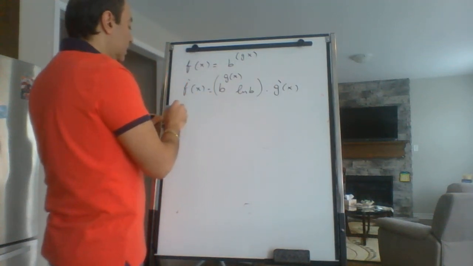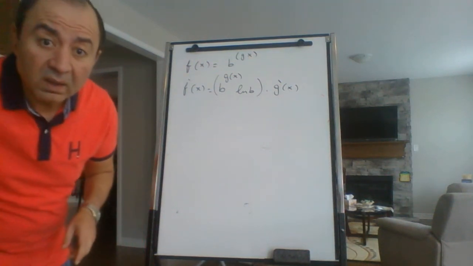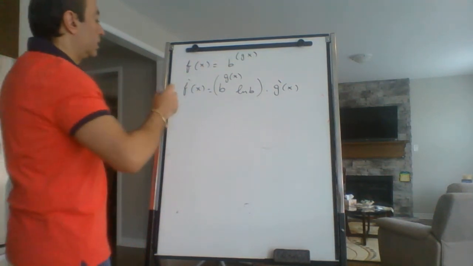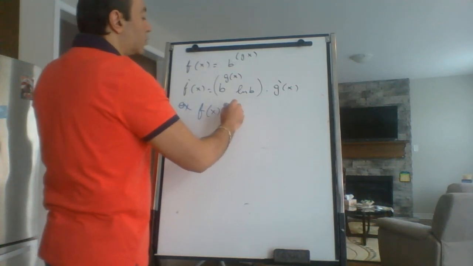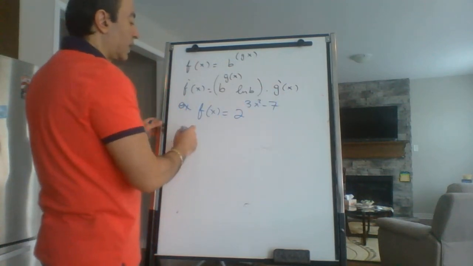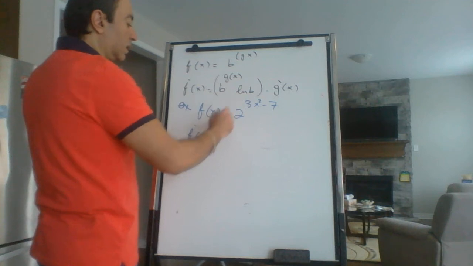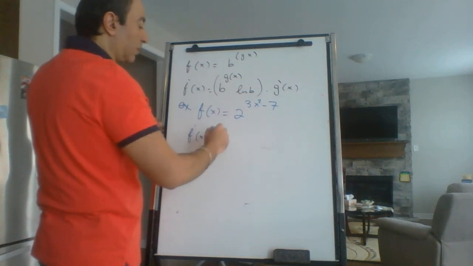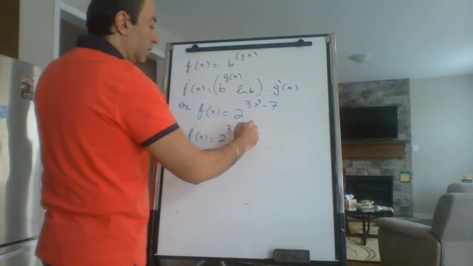Example for that. Let's say I have f of x equal 2 to the power of 3x squared minus 7. When I get f prime of x, it equals b to the power of g of x as it is, so 2 to the power of this.